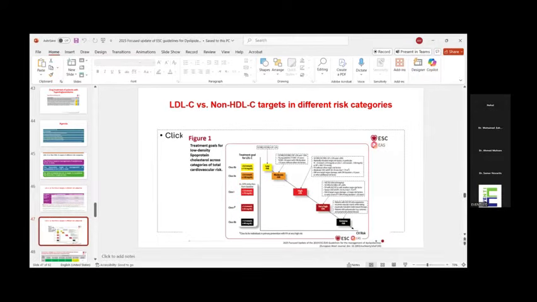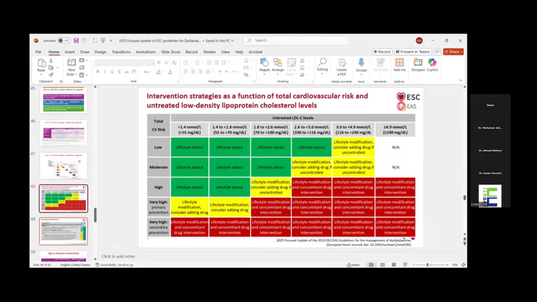And this was a very nice summary demonstrating the different risk categories and the corresponding LDL target. This slide is also very important and actually very confusing. I intended to show it to provide some explanation on this relatively complex slide.